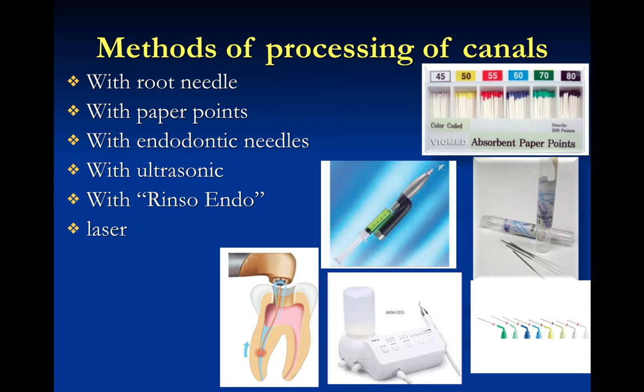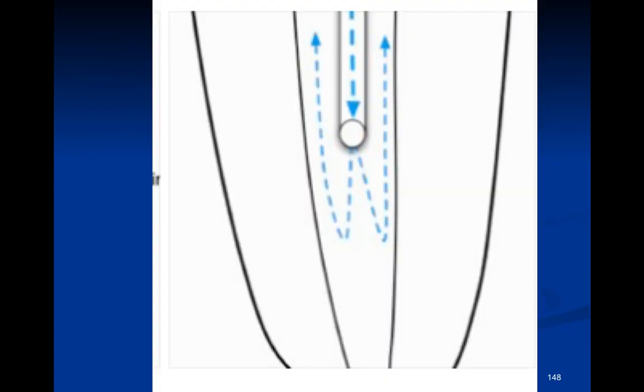For rinsing with endodontic needles, firstly we have to push the needle inside of the canal, then pull back a little bit. Why? Because we have to keep the space between the wall of the canal and the needle for backflowing of the antiseptic or irrigant.